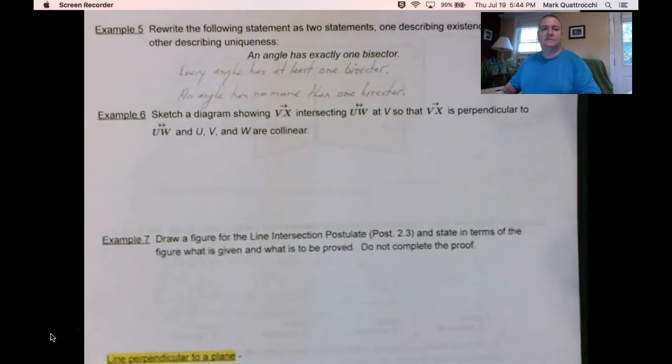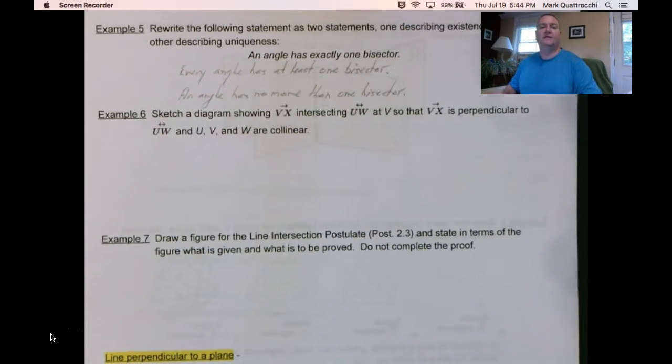Example 6, sketch a diagram showing ray VX intersecting line UW at point V, so that VX is perpendicular to line UW, and points U, V, and W are collinear.